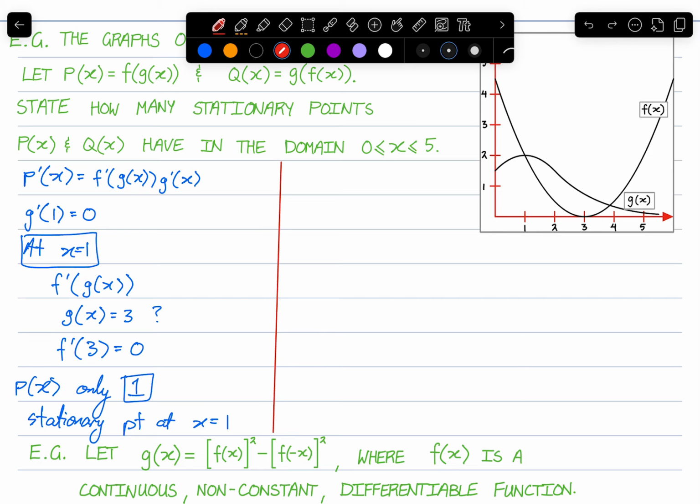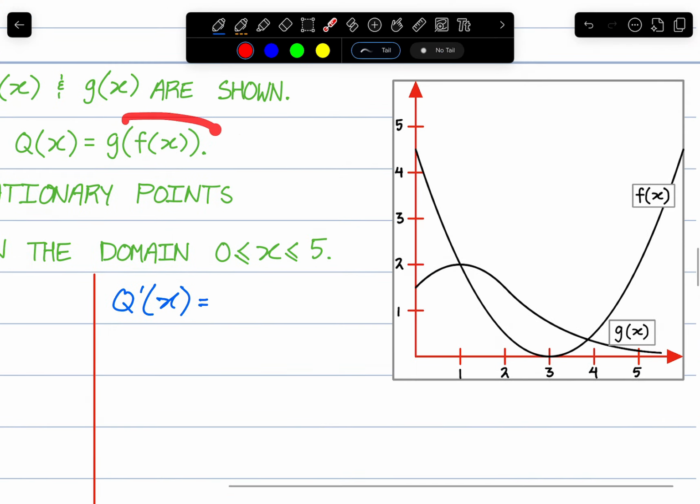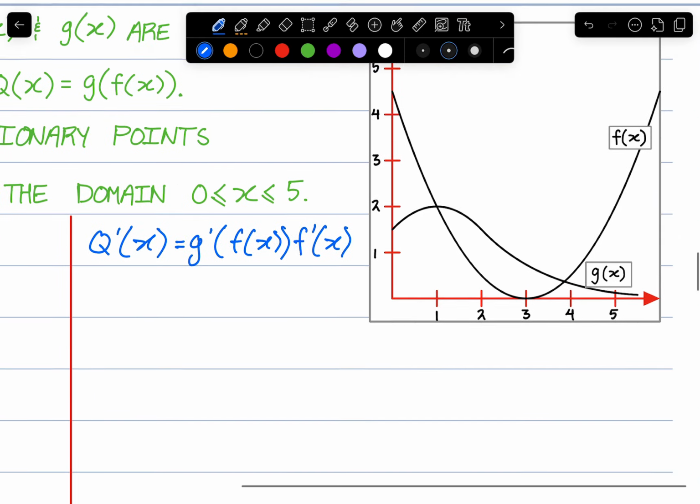Okay, now let's do the same thing for, in this case, q of x. So working with q of x now, we can find the derivative q prime of x. Now remember, that's just going to be the generic expression of this. The derivative of the outside, g prime of f of x, times the derivative of the inside, f prime of x.